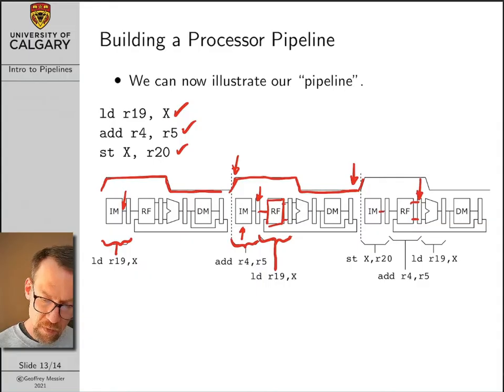The instruction memory fetch for add is going to be frozen in place by this pipeline register. And then, because the instruction memory isn't doing anything anymore, we can allow this rising edge to get the instruction memory to start working on fetching the next command.